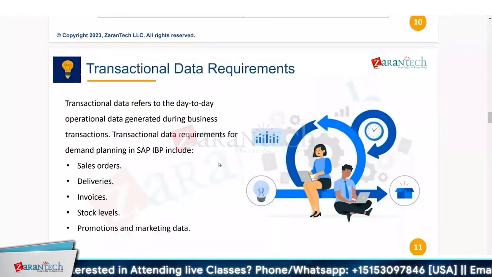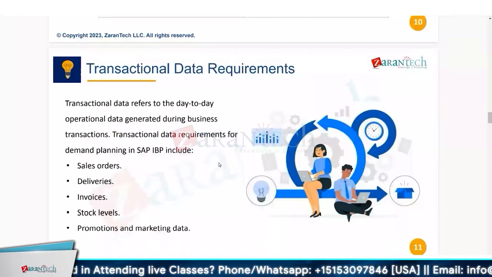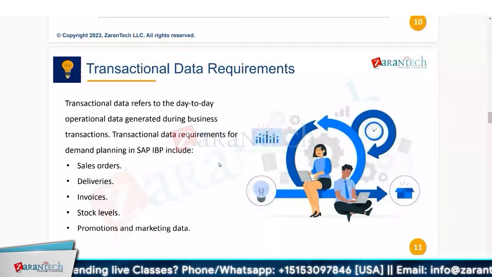The next one is transactional data requirement. The first one that we saw is basically master data, wherein the system is updated with the master data functionality, and you don't need to review master data every day. Having said this, you have to review master data after a periodic interval, and that interval will vary based on the type of master data.